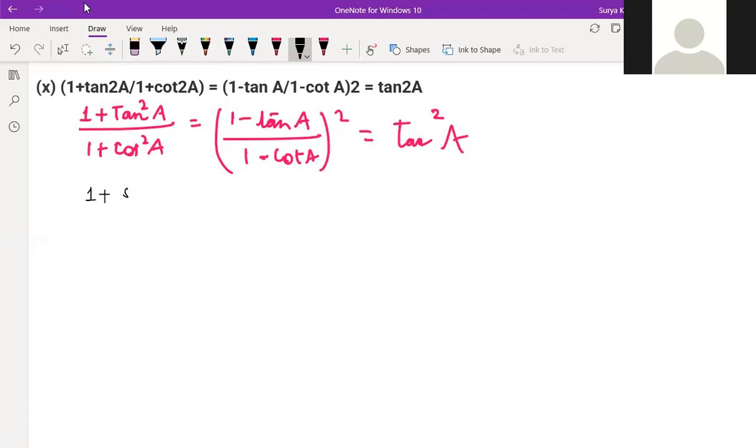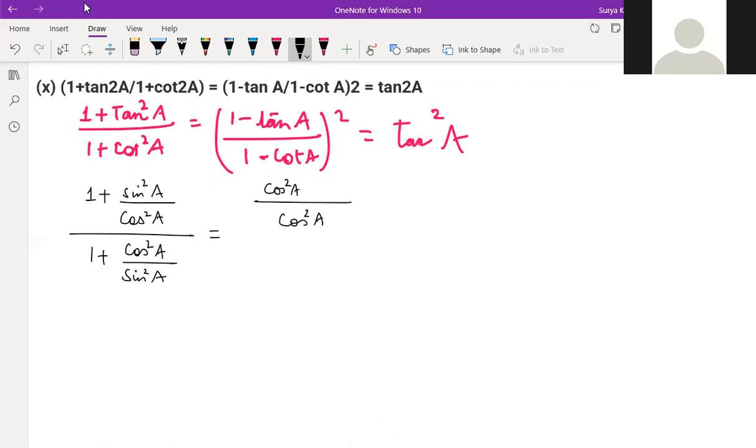So 1 plus sine square A divided by cos square A whole divided by 1 plus cos square A divided by sine square A is equals to, what do you get in numerator? Numerator will get cos square A plus sine square A whole divided by sine square A is the LCM, right, here sine square A plus cos square A.